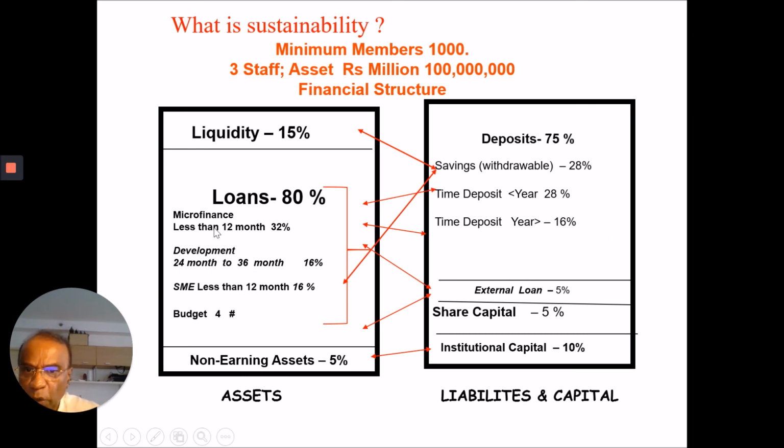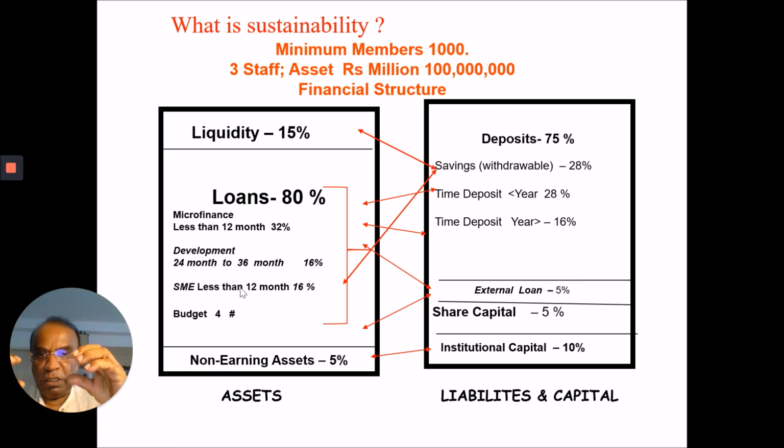And then you look at the loan portfolio. Less than 12 months of micro business loan, and also SME loan, together can be considered the same. And this organization has a development loan of 24 months to around maybe 36 months, only 16%. I think this is very important.